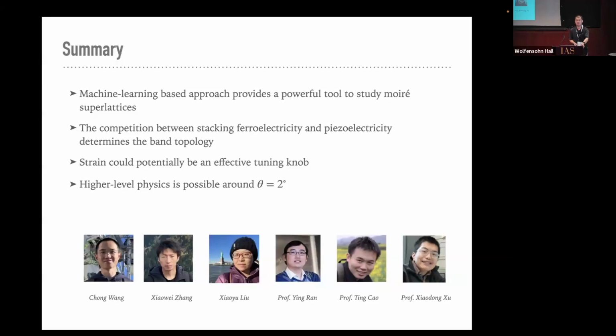Is there any reason why the interlayer hopping here changes as a function of twist angle, but not in twisted bilayer graphene? So the interlayer hopping, in fact, doesn't change much with twist angle. Remember that in graphene, because you have time reversal symmetry, the moiré potential only appears in the off-diagonal part, that's your interlayer hopping.